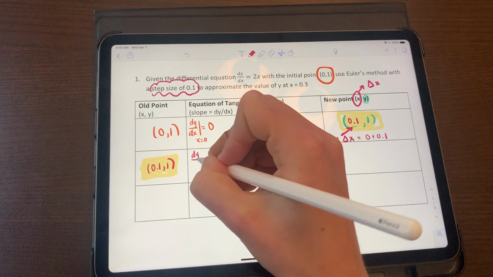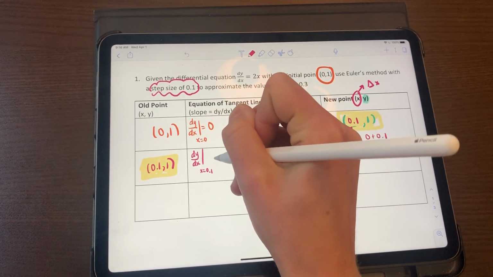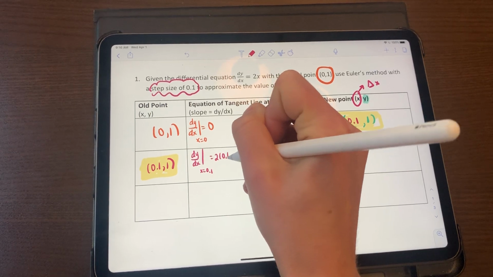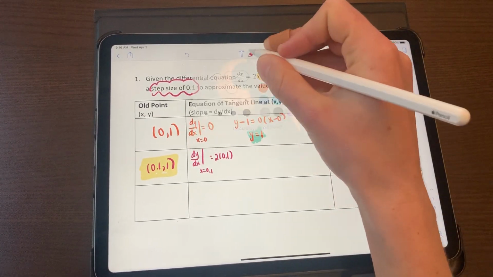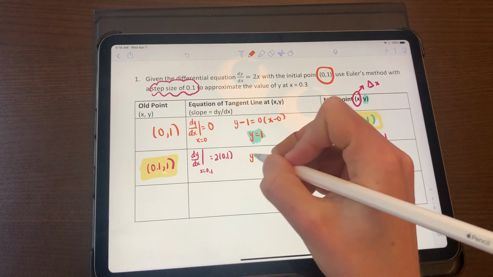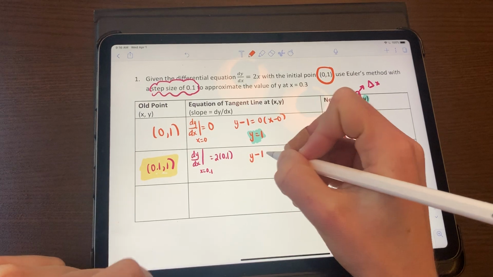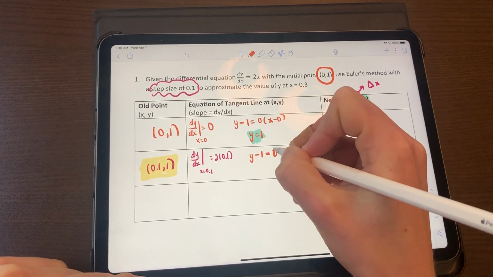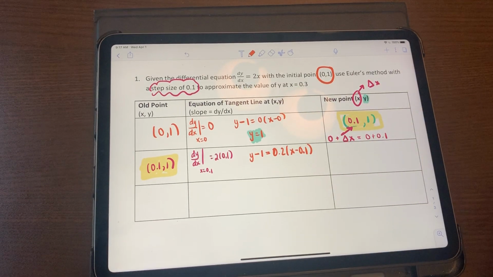Our slope here, at x equals 0.1, is 2 times 0.1, which is just 0.2. So our tangent line is y minus our y value of the old point, 1, equals our slope, 0.2, times x minus 0.1.